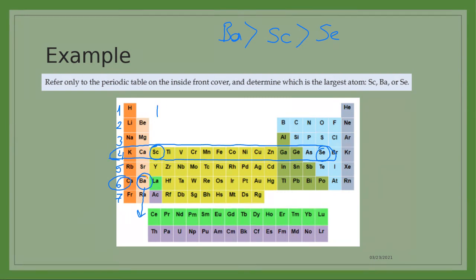First of all, you write here barium, the biggest one, because this is the sixth period. You know that from left to right the atomic radius gets smaller, and that means the cerium is the smallest one. This is the scandium, and then you write here scandium and here the cerium.